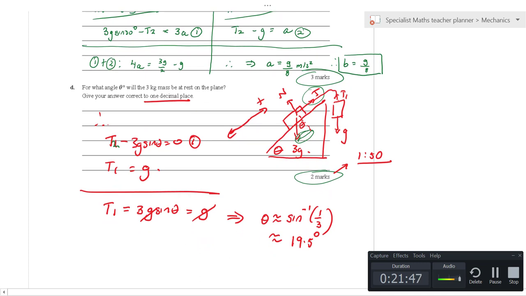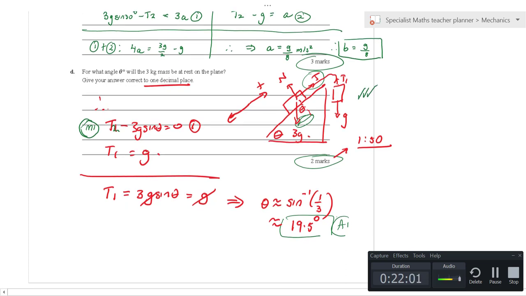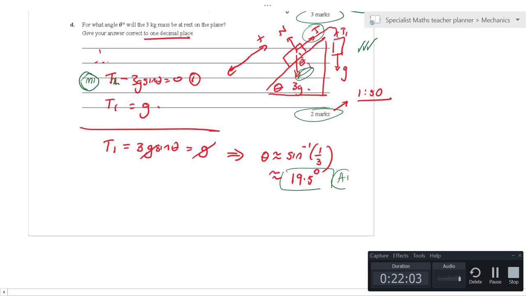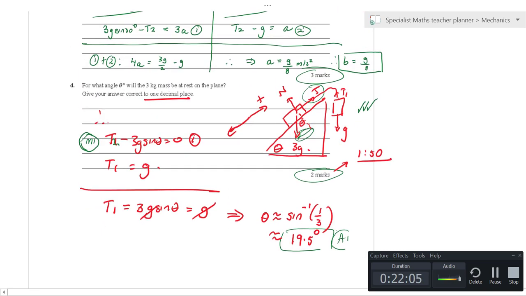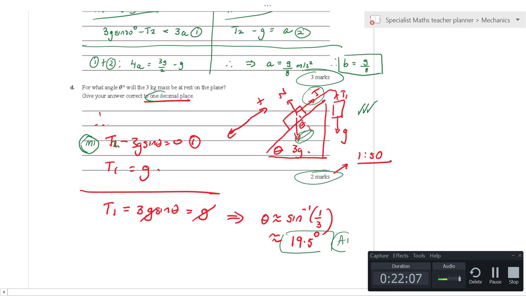So there's your answer mark, and then there has to be some method mark there. Drawing a diagram like this helps you recognize that as well. And once again, we can do that in 1 minute and 50 seconds anyway. Now be careful. It says correct to 1 decimal place.